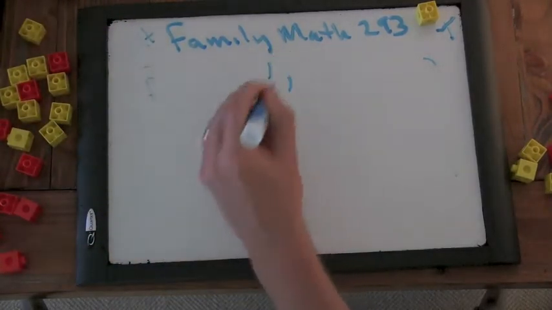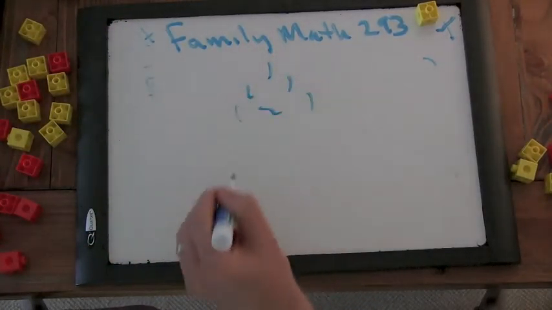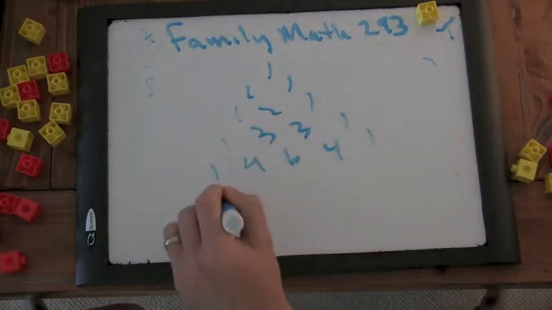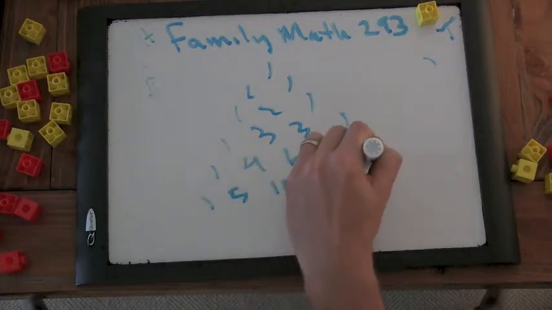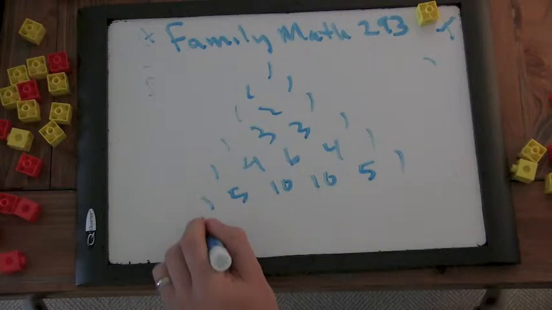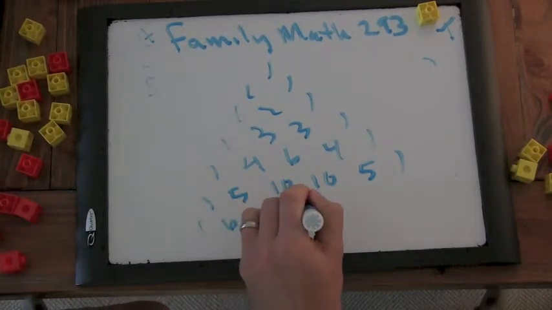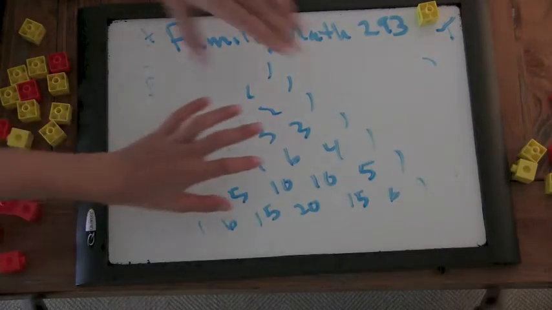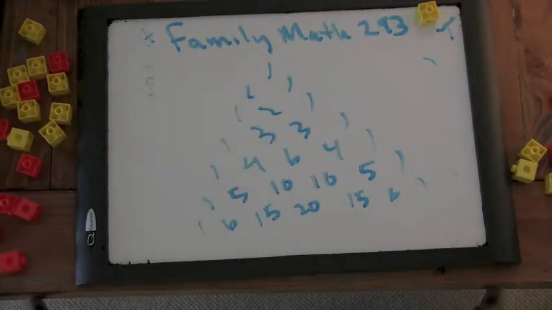So we get 1, 1, 1. 1, 2, 1. 1, 3, 3, 1. 1, 4, 6, 4, 1. 1, 5, 10, 10, 5, 1. So that's the fifth row. Then 1, 6, 15, 20, 15, 6, 1. That's the sixth row, I'll write it at the top.